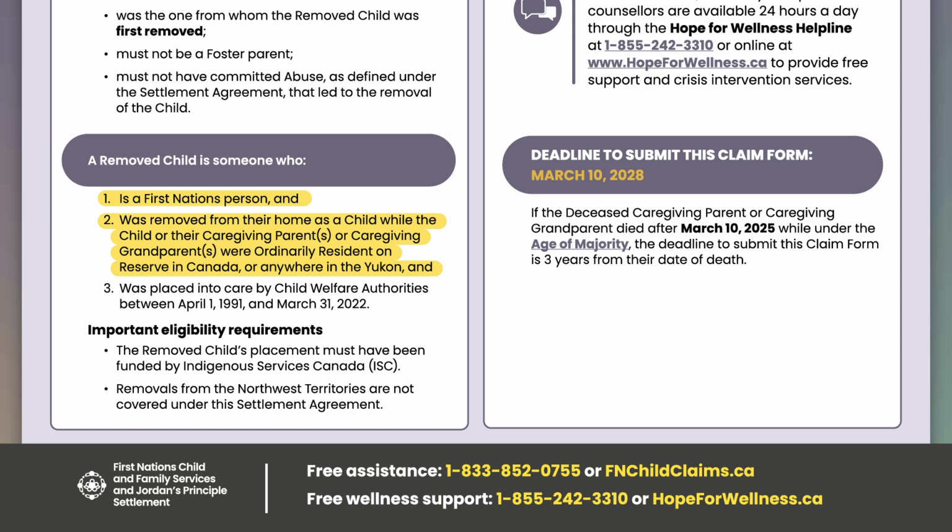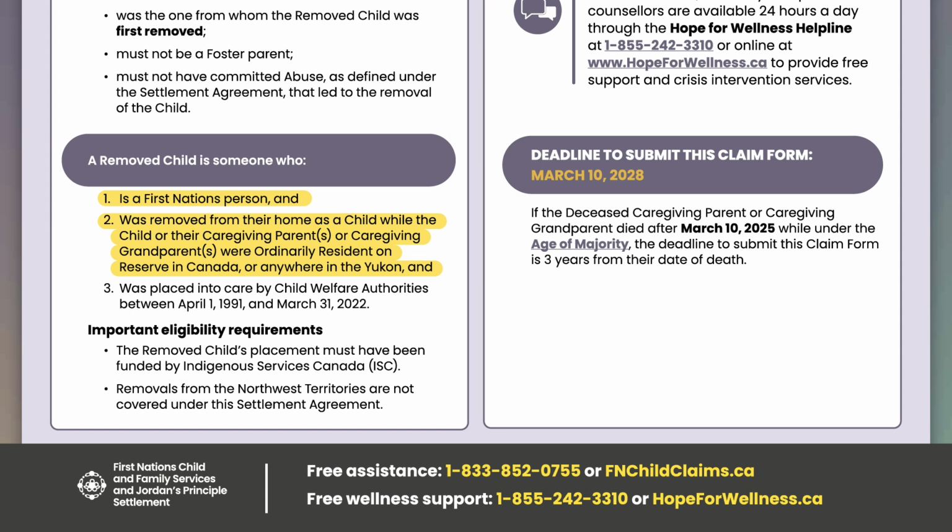This means the child's caregiving parent or caregiving grandparent were living on reserve most of the year. If this doesn't describe the experience of the person you are completing the claim for, or you want more information about the various definitions, visit fnchildclaims.ca, and we will explain exactly what age of majority means a little bit later on in the video.